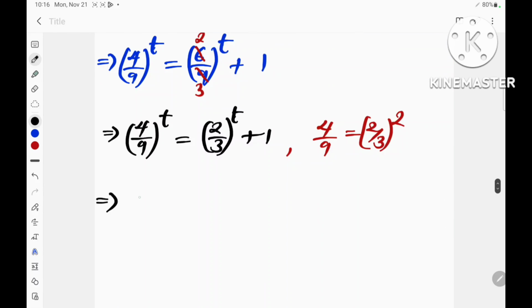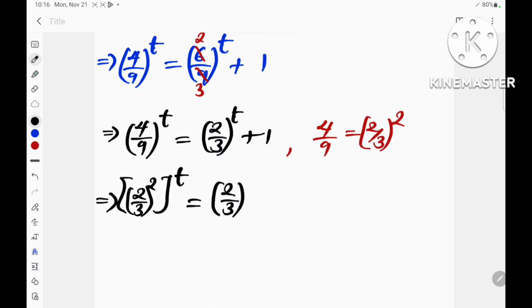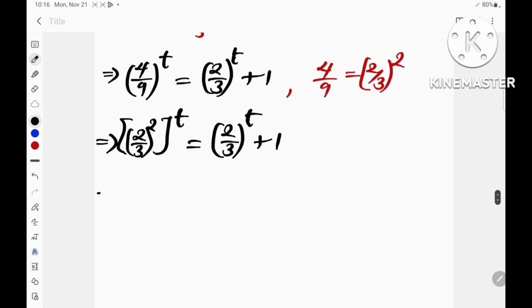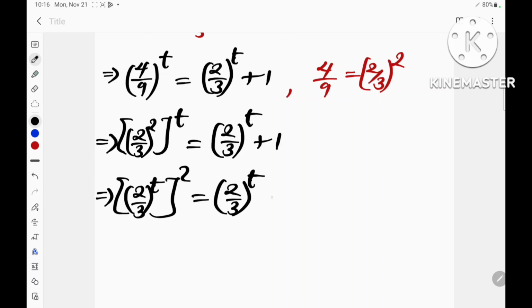So this implies that 2 on 3, all this squared, all this raised to the power t, is equal to 2 on 3, all this raised to the power t, plus 1. Which implies that 2 on 3, all this raised to the power t, all this squared, is equal to 2 on 3 raised to the power t plus 1.